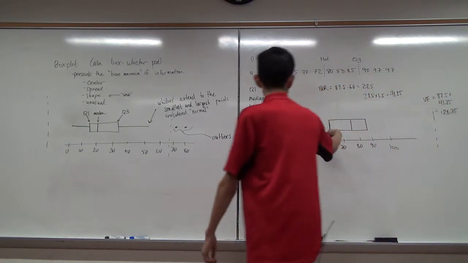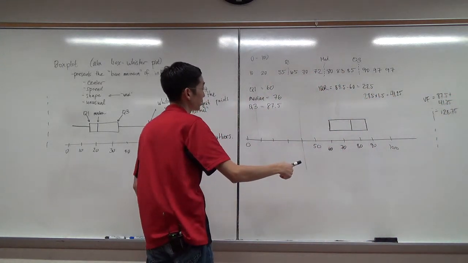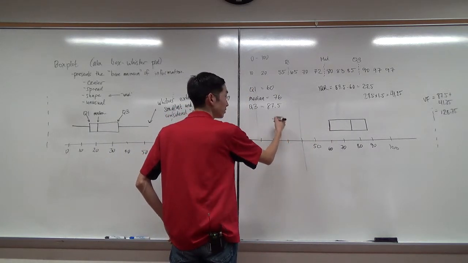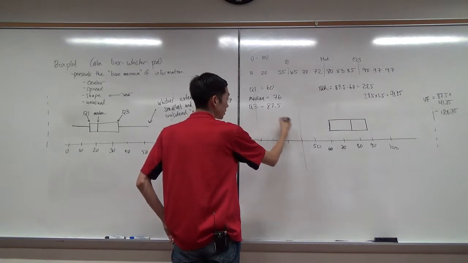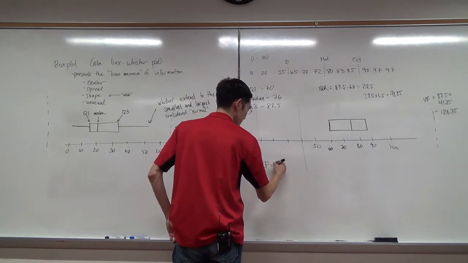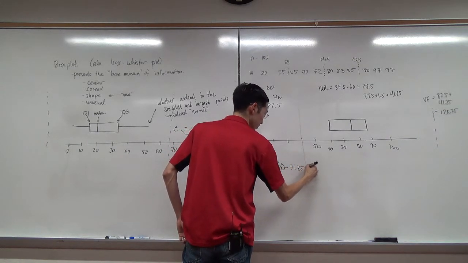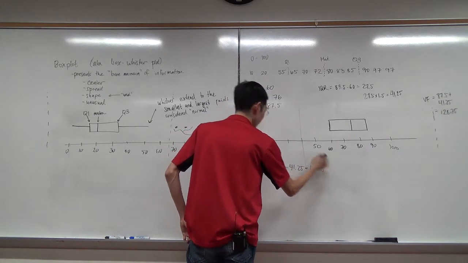And then I would take 60 and I would go down 41.25. So 60 minus 41.25 would be, what, 18.75? So the lower fence would be 18.75.